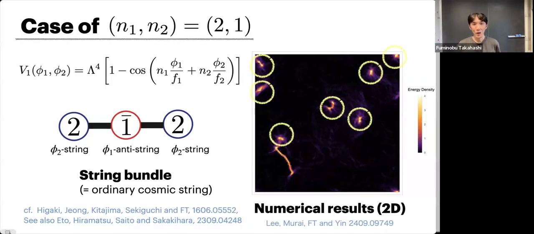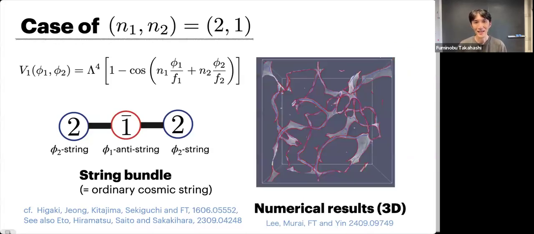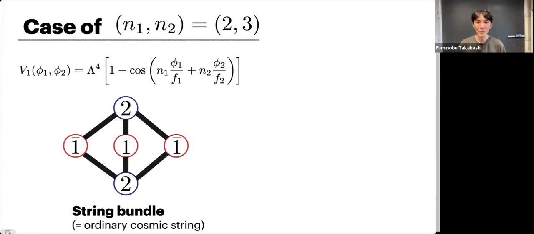So at least in this case, we observe the string bundles are formed and the subsequent evolution is exactly the same as the ordinary cosmic strings, if our expectation is correct. And so let me go on to a bit more complicated case where N1 is same as before, but we increase N2 from 1 to 3. Then what happens?